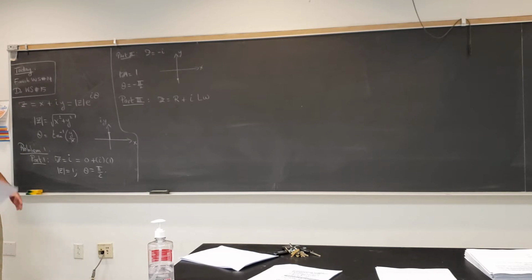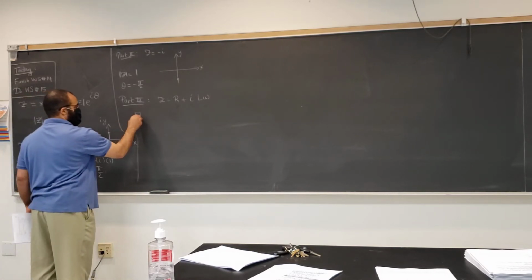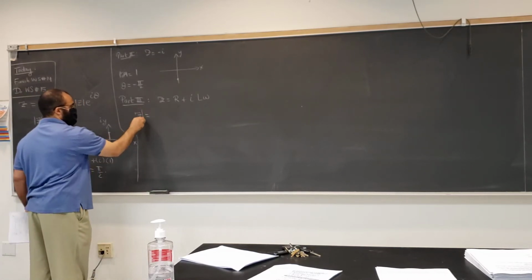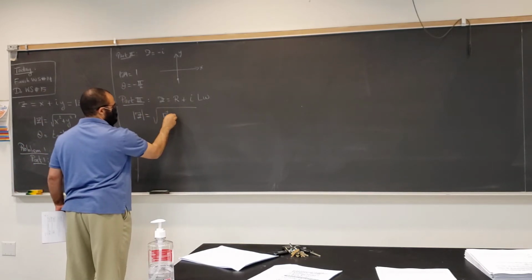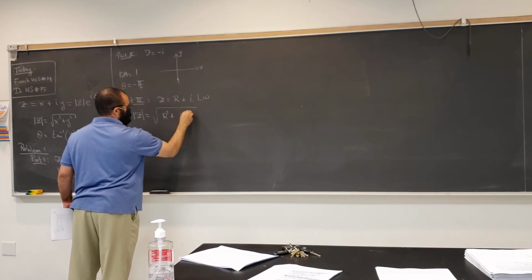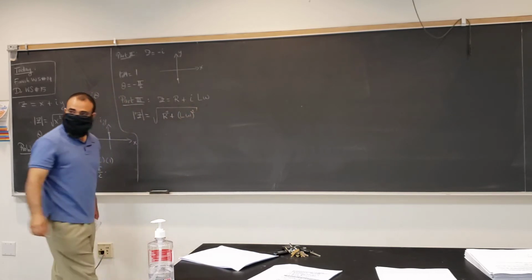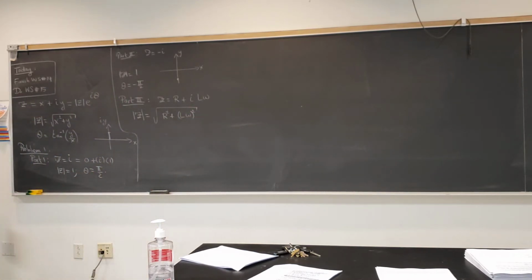So what can I say about the magnitude of z? It's the square root of R squared plus L squared omega squared. You take the real part squared and the imaginary part squared.